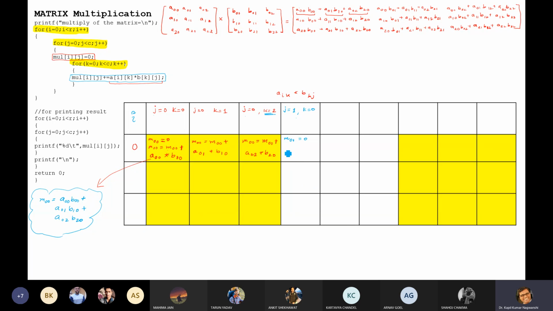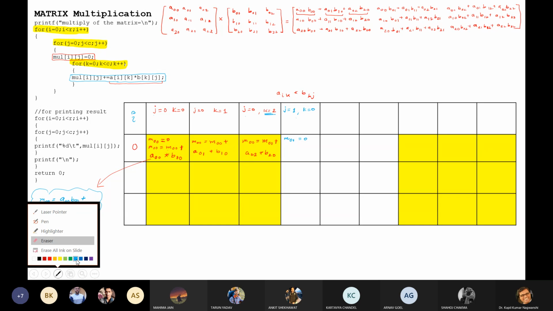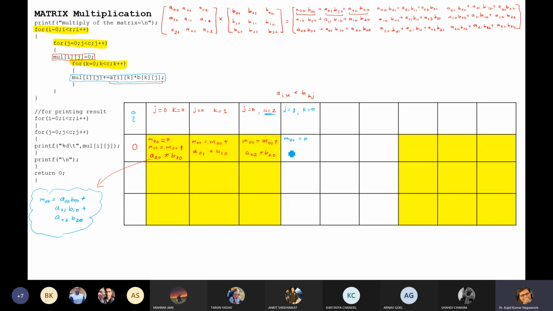Now the new value of M01 will be, and I am writing only one term here, and then put plus only. So M01 equals M01 plus A. What is the value of A? It is AIK.